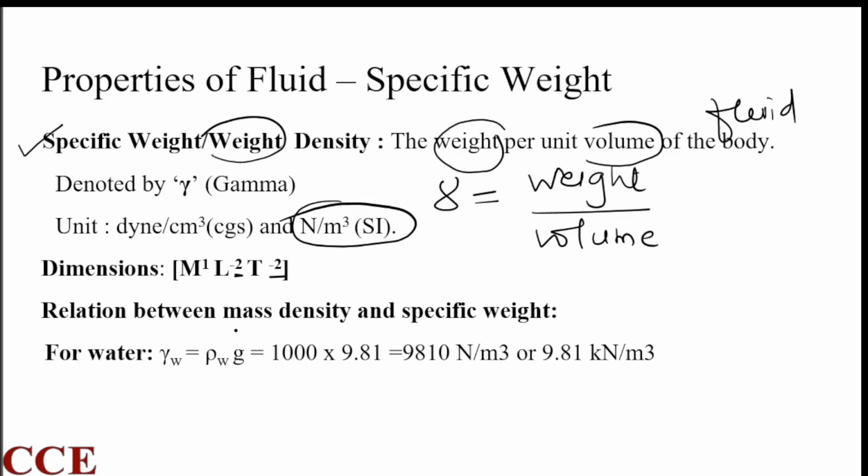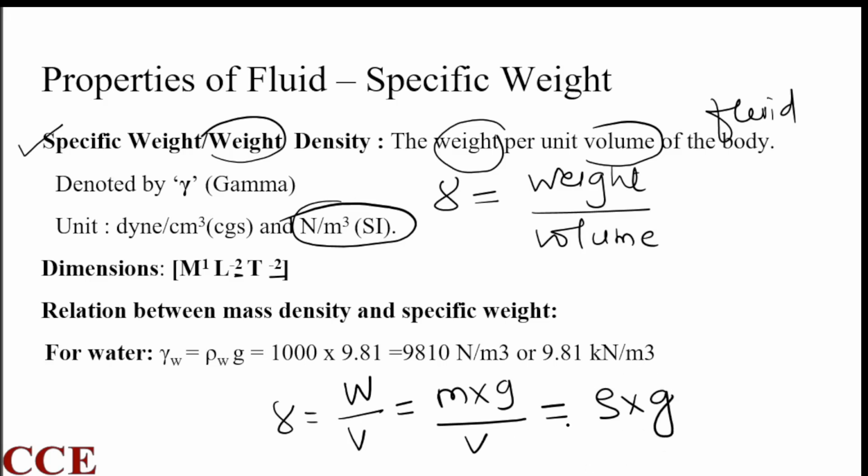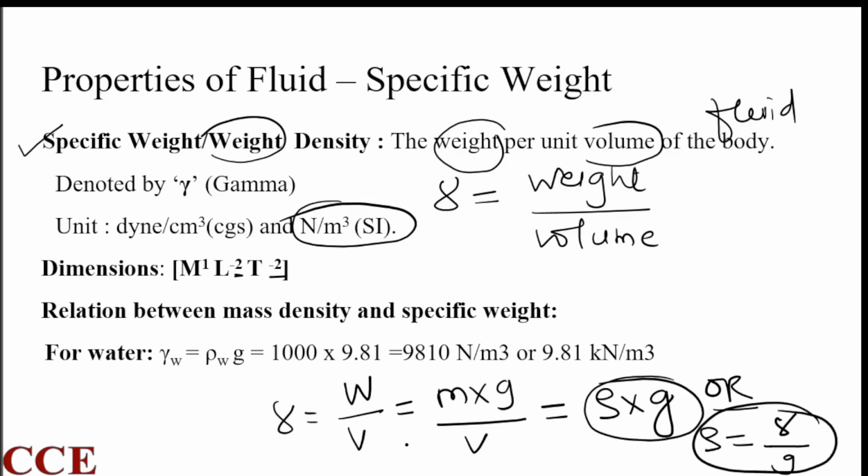So there is a relationship between mass density and specific weight. We say gamma is equal to W upon V, but W is equal to M into G, so M into G upon V. We know M by V is rho, so rho into G. So gamma is equal to rho into G, or rho is equal to gamma upon G. Either relation we use.